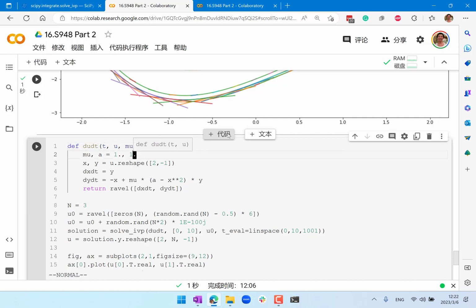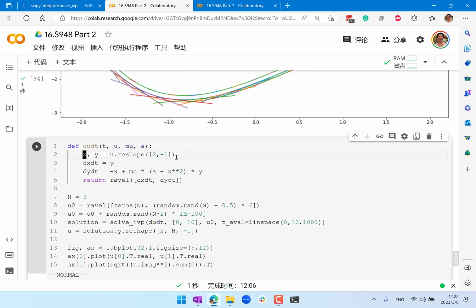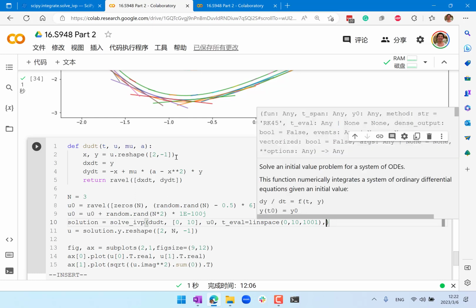So mu and a are the additional arguments of this function. Then in solve initial value problem, I need to provide additional args, which would be equal to the arguments for mu and a.